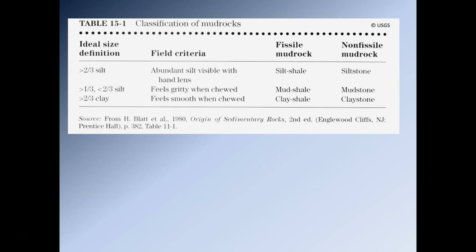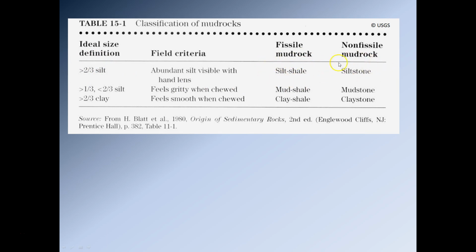So this is the classification scheme that we would use. If you look over here, it says the ideal size definition. If your rock consists of greater than 2/3 clay, so it feels smooth when chewed, it's going to be either a clay shale if it's fissile, or a claystone if it's non-fissile. If it has greater than 2/3 silt, if it's fissile, it's going to be a silt shale.